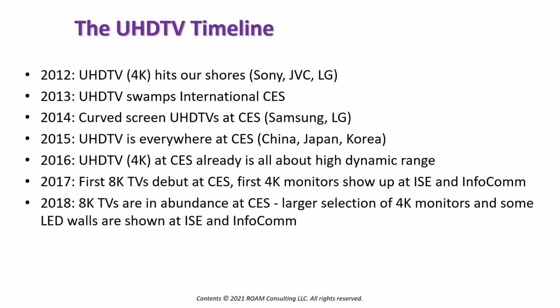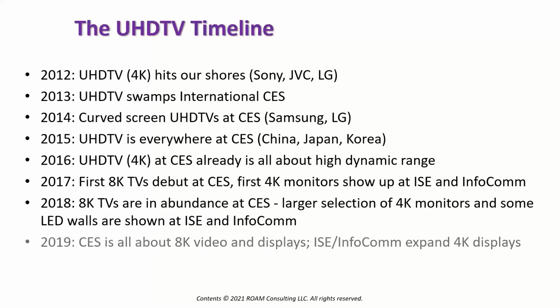You saw a larger selection of 4K monitors and some LED walls with 4K and 8K resolution at both ISE and Infocomm. And in 2019, CES was all about 8K video and displays, because at that point, 4K displays were ubiquitous. If you bought a TV in 2019, chances are it was a 4K TV.